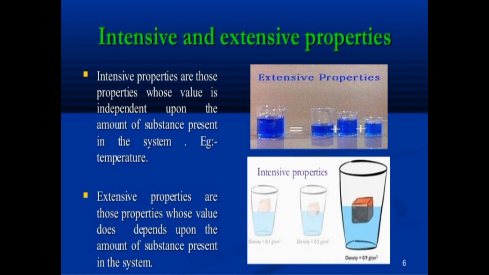For example, if you are taking 100 degrees centigrade tea in a big beaker and a small beaker, here 100 ml of tea is there, here 20 ml of tea is there.